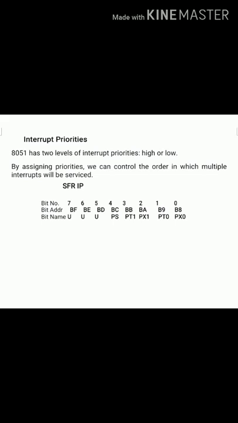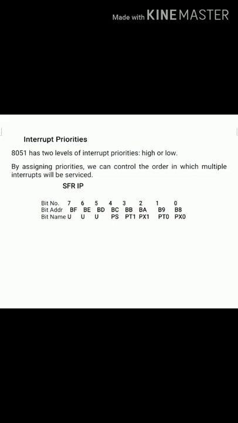5 bits: PX0, PT0, PX1, PT1 and PS, that is, priority of external interrupt 0, priority of timer 0, priority of external interrupt 1, priority of timer interrupt 1 and priority of serial interrupt.